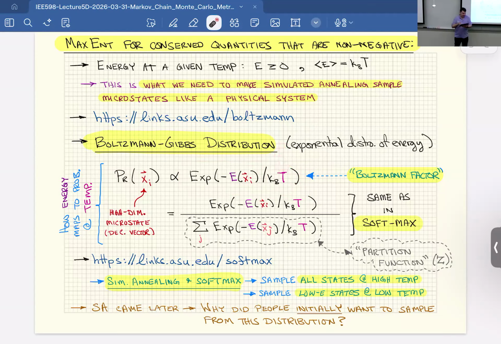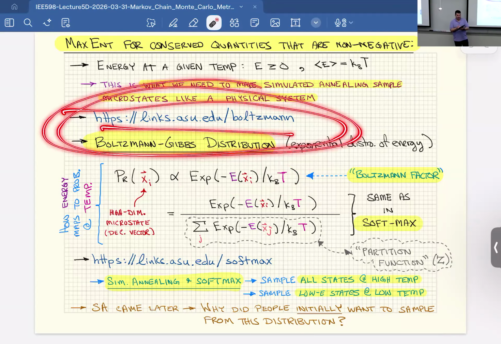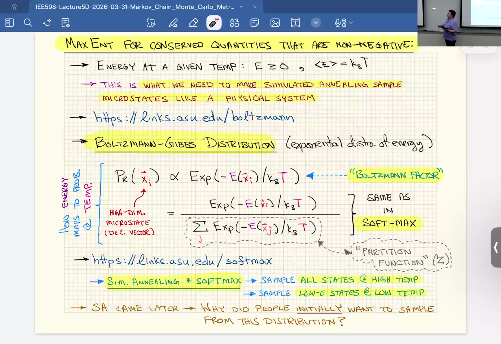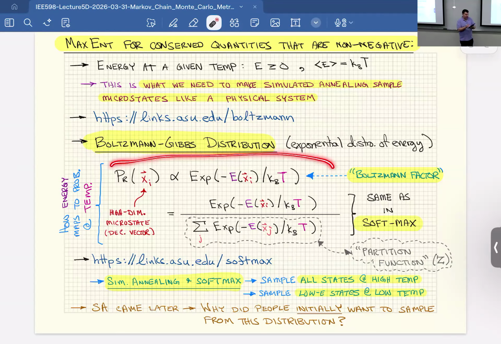So the idea here has been demonstrated, and there's this little Boltzmann app. The idea here is that as you have higher temperature, then you'll get a flatter distribution across microstates. If you have lower temperature, then you'll start to favor microstates that have lower energies far more than those that have higher energies.